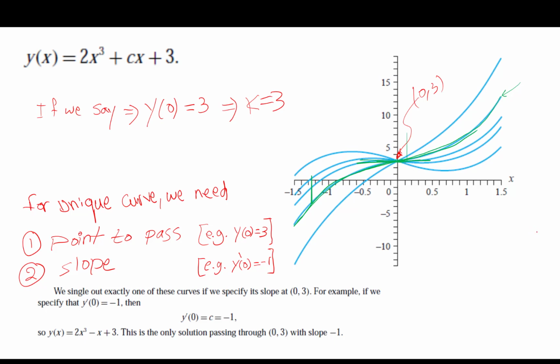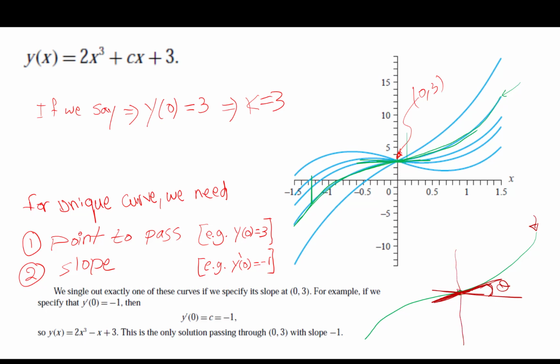So if we say that this is the curve that we are talking about, at this point, we have the slope here, let's assume theta, and the slope here is going to be unique for this solution. We call this curve a unique solution. Out of hundreds and millions of solutions, there is a unique solution that is going to be obtained through specifying the slope at the point that we are talking about.